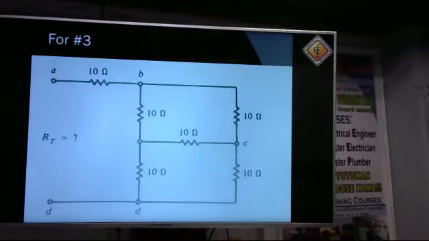So we have here 10, 10. All values of resistors are 10.